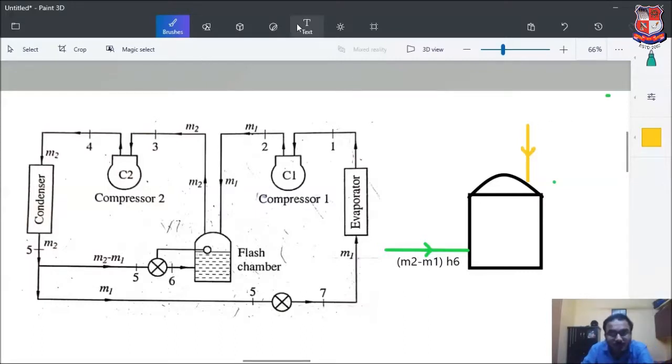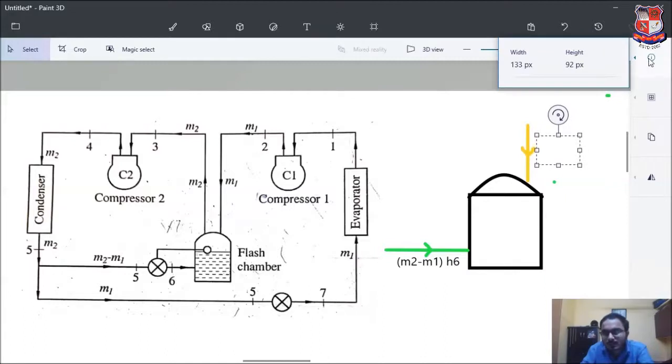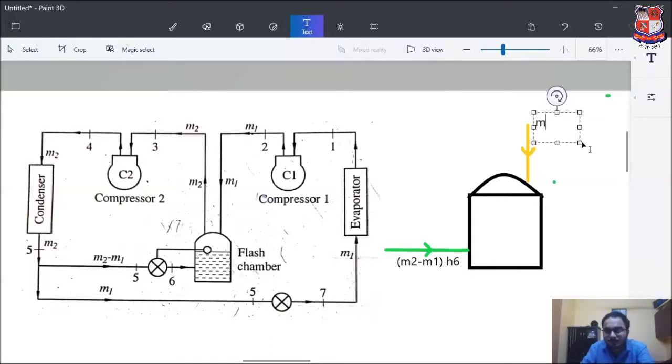So the energy content here is M1 into h2, that is the energy balance available here.